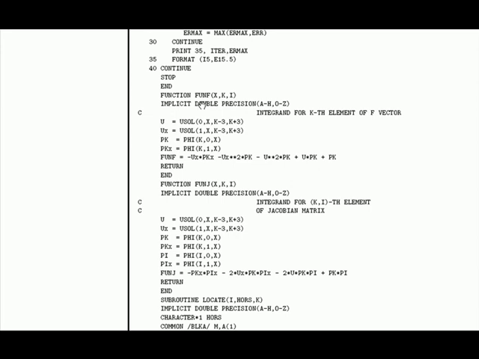The Elf function defines the function which is integrated. This is exactly the integrand in the Elf sub k definition, and here's where the integrand for the Jacobian element ki is given, and that's exactly what the partial of Elf k with respect to ai was.